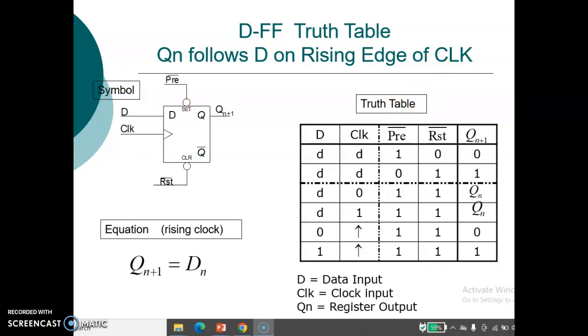Qn equal to, Qn, then equal to Dn. Okay.